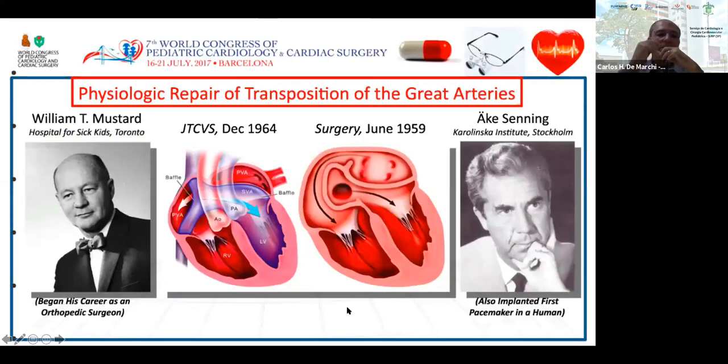Just talk about the two more important surgeries. This is a poster of the 7th World Congress of Pediatric Cardiology in Barcelona in 2017 that showed the physiological repair of transposition of the great arteries, the history. In 1959, Dr. Senning in Stockholm created a surgery to do the switch at the atrial level.